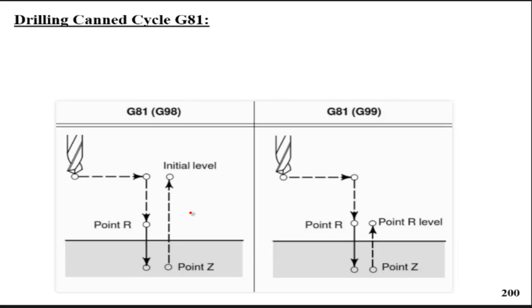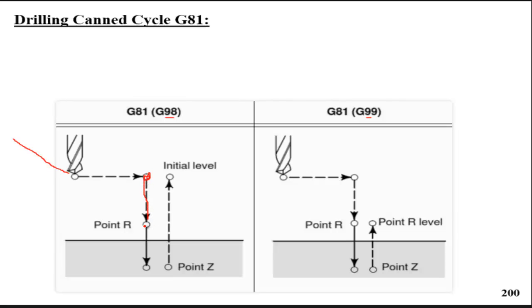So this is G80, to compare between G98 and G99. Back to this definition, using one of the canned cycles, which is the drilling canned cycle, G81. We use G81 as a canned drilling cycle. The action of G81: once you bring the tool to the position of your hole, the tool will rapid to the R level.